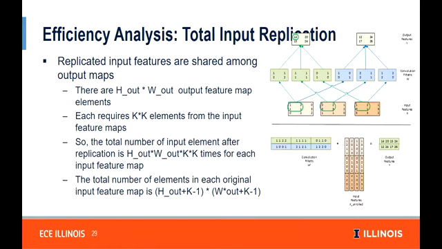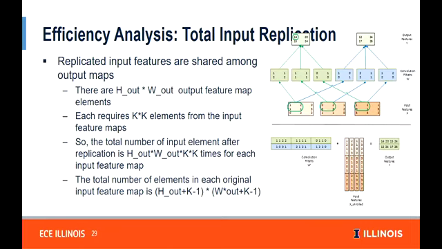And then, the total number of input elements after replication is going to be the total number of output elements times k times k, right? Because each output element requires k by k elements in its private section. This is independent of the number of output feature maps. This is only dependent on the size of each output feature map, because we don't replicate input across output feature maps.